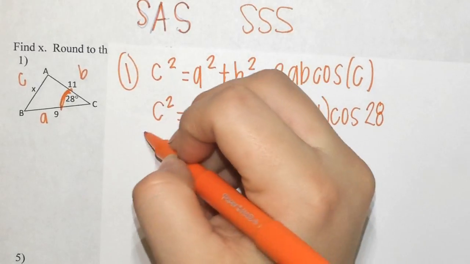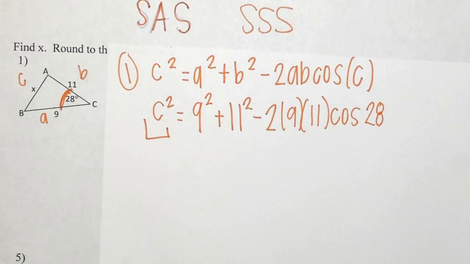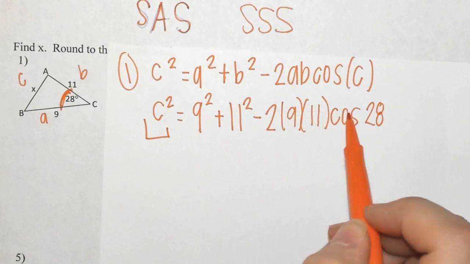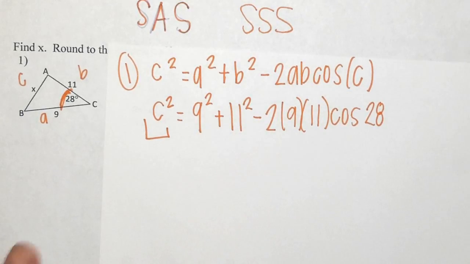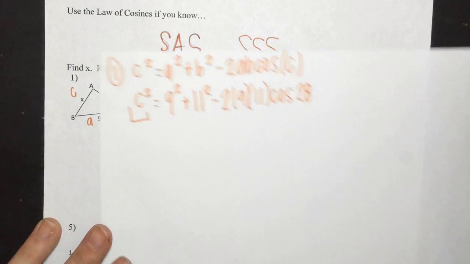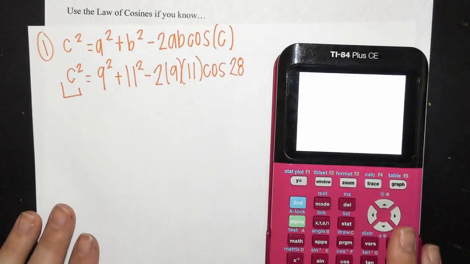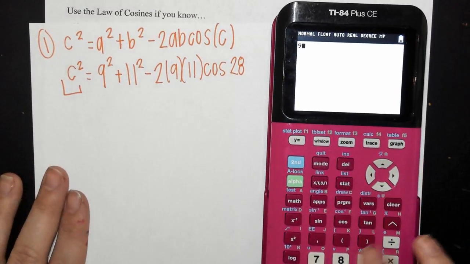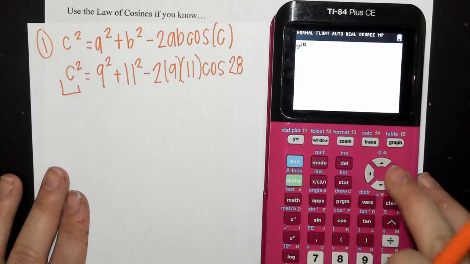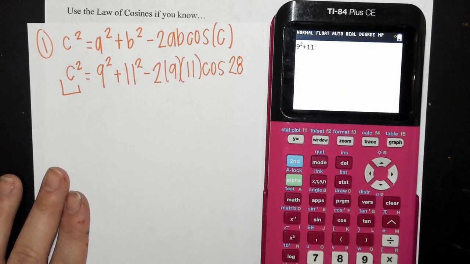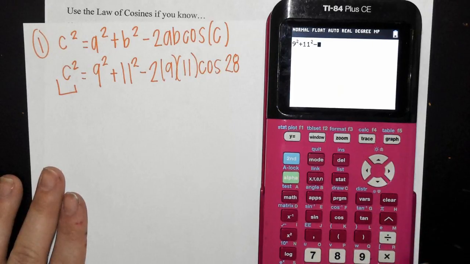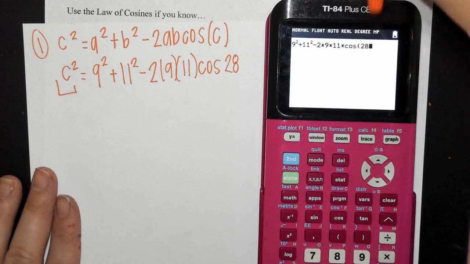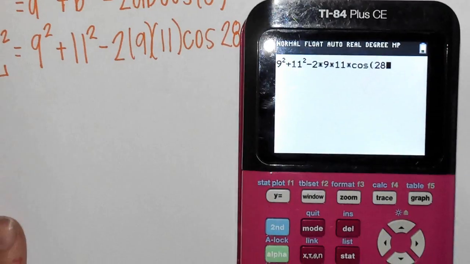Now, when you have your letter out here, that's best case scenario, because guess what you can do? Plug all this into your calculator at one time. Be very careful. So 9 squared plus 11 squared minus 2 times 9 times 11 times cosine of 28. This is how it should look in your calculator.